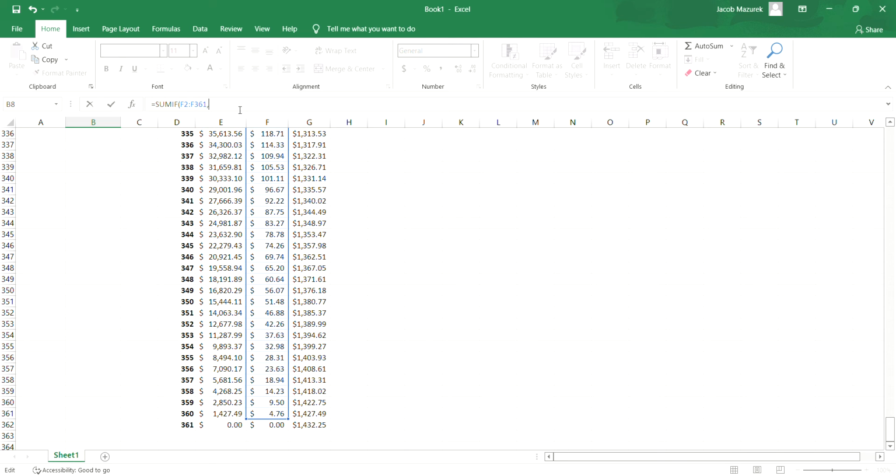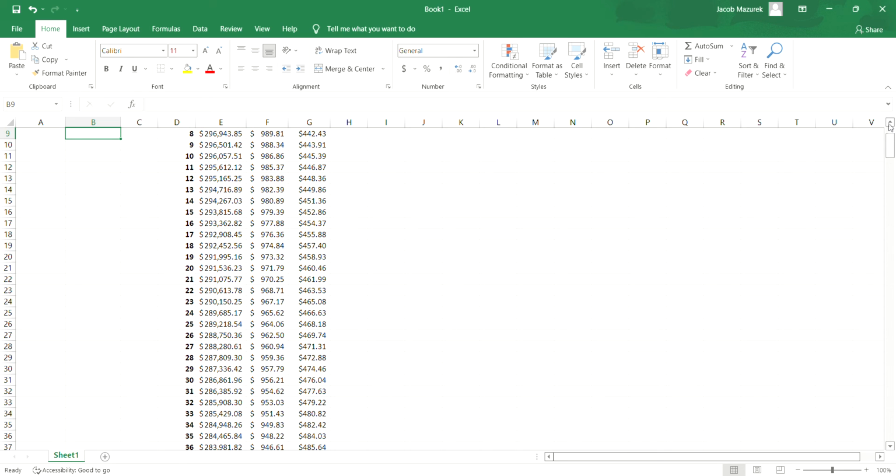My criteria, as I said, is it needs to be greater than 0. So I'm going to put in quotes, greater than sign, 0, and then quote again. And I finish it off with another parenthesis. When you're building a formula, there's always the parentheses on each side. So what we have here is sum everything that's in this section that's greater than 0.